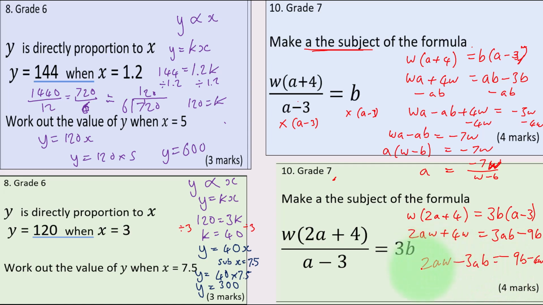We're going to factorise this out and take a out, so we're going to get a(2w minus 3b) equals minus 9b minus 4w. Divide out by this bracket here, so the answer is a equals minus 9b minus 4w all over 2w minus 3b.